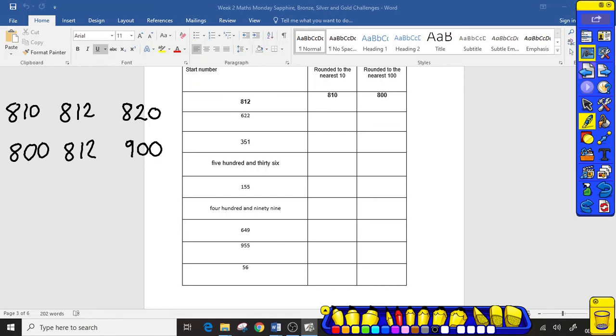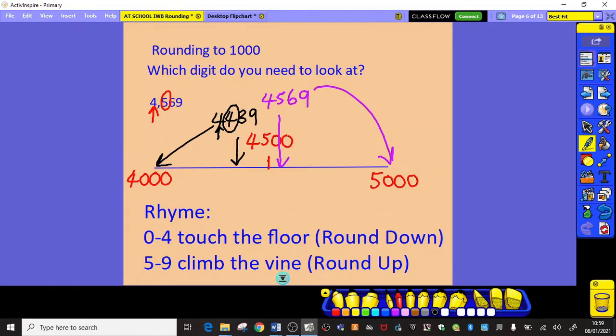And then I can see it would round down on this occasion, therefore I can then fill in my information on the table. Thinking of 812 and whether it would round to the nearest 100, well, the 100 that comes after it is 900, the 100 that comes before it is 800. On this occasion it would round down, hence I've now put that on the table. So please, with all maths, do make your own jottings that you need to ensure that you're going to be successful.